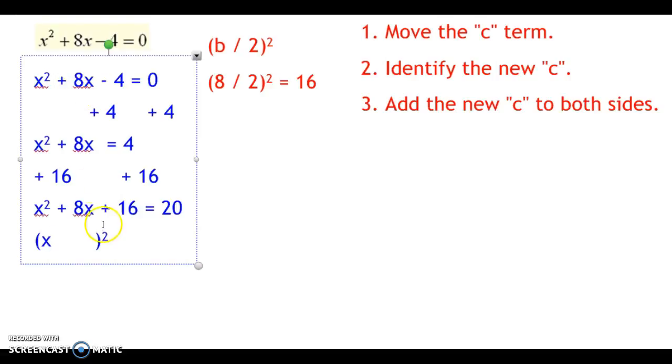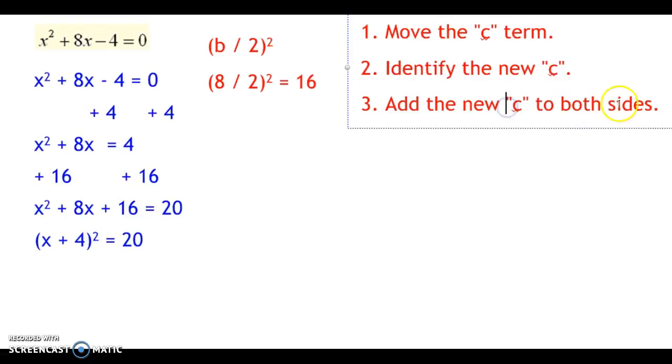So again, I'm looking for a number that multiplies by itself to get 16 and adds by itself to get 8. The only number that I could think of that adds by itself to get 8 is positive 4. And lo and behold, it also multiplies by itself to give me 16. So I just created my square. I completed my square. That's why they call it completing the square. Cool, right? I would say so.